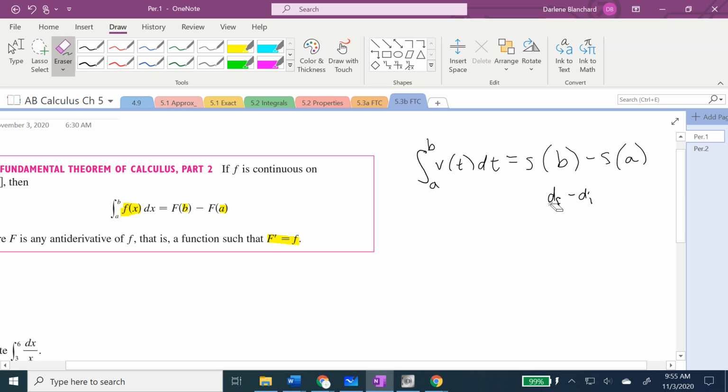And if I look at the graph of a velocity function, let's just say it looks like this.